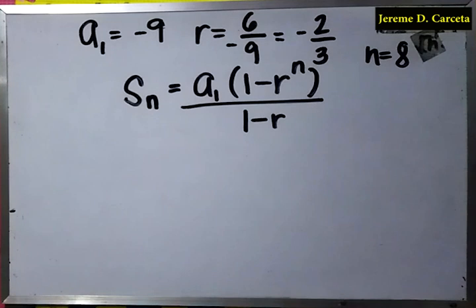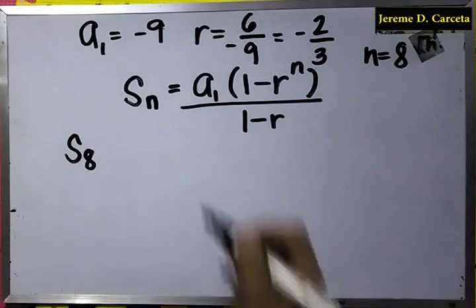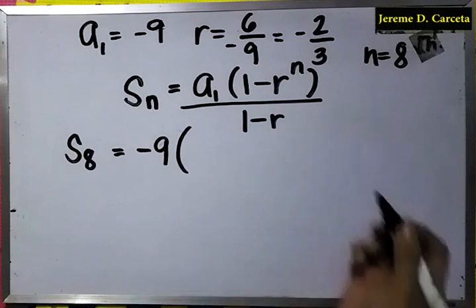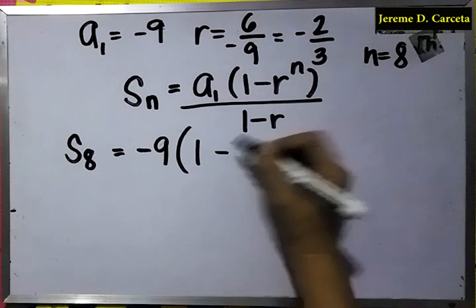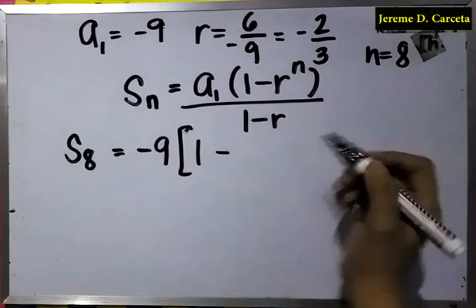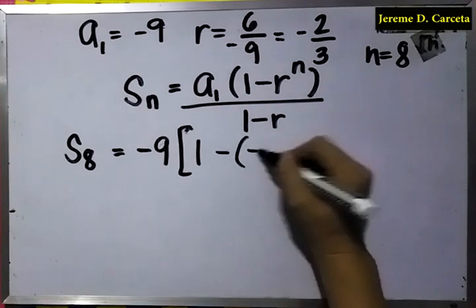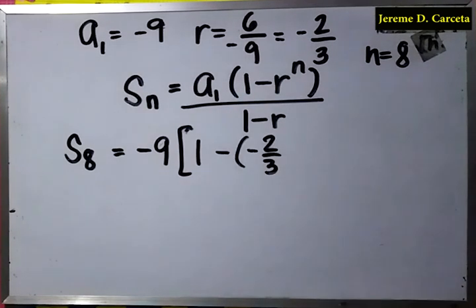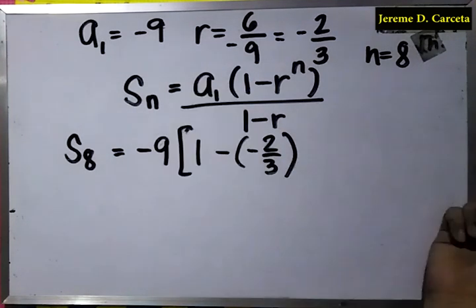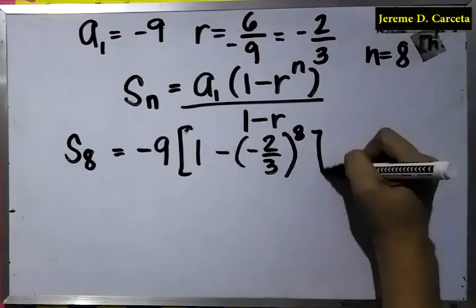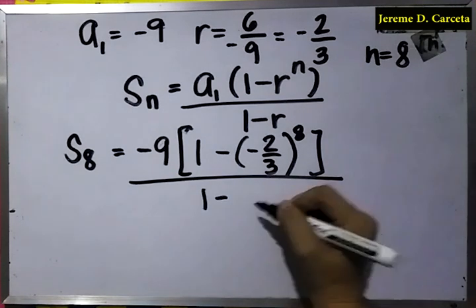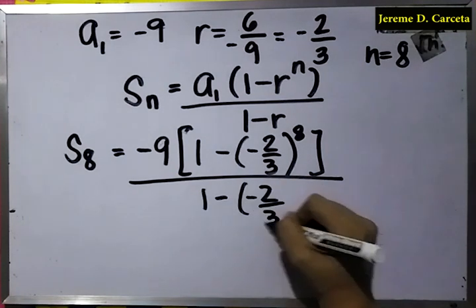So by substitution, S sub 8 is equal to the first term, negative 9, times the quantity of 1 minus our r, negative 2/3, raised to n. Our n here is 8, over 1 minus negative 2/3.